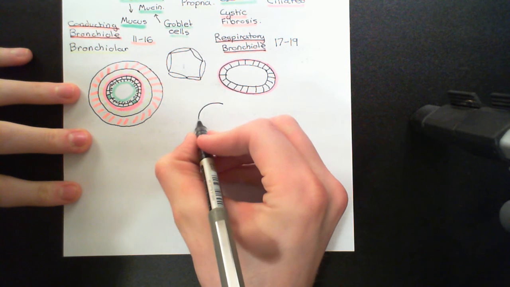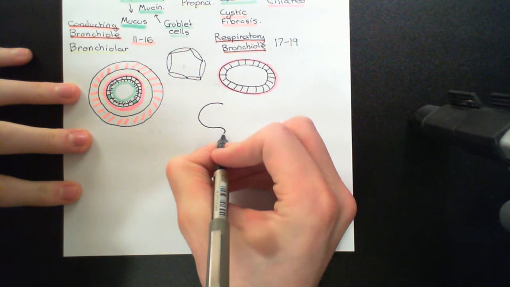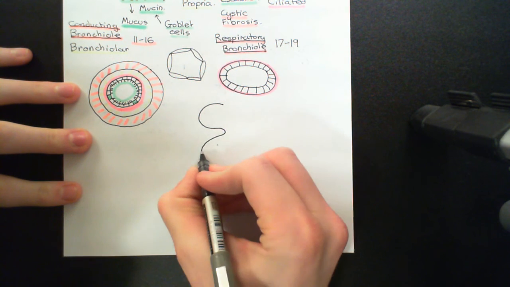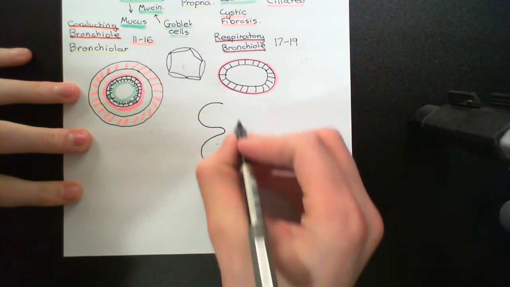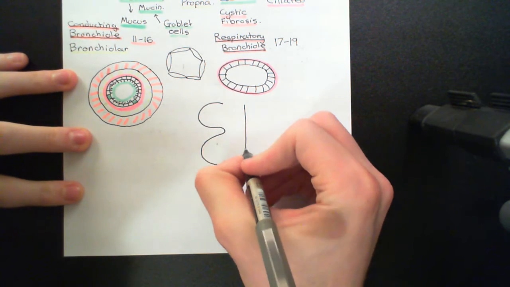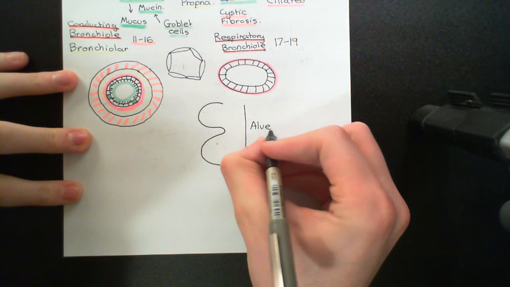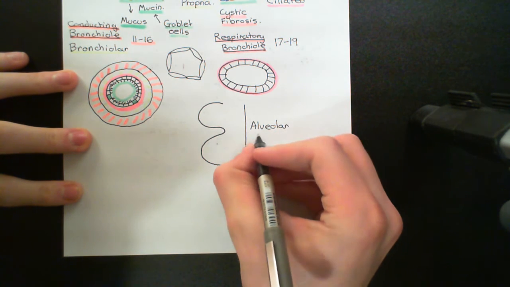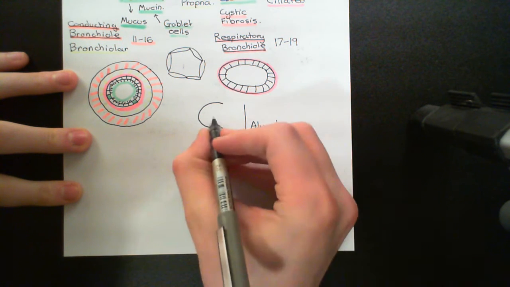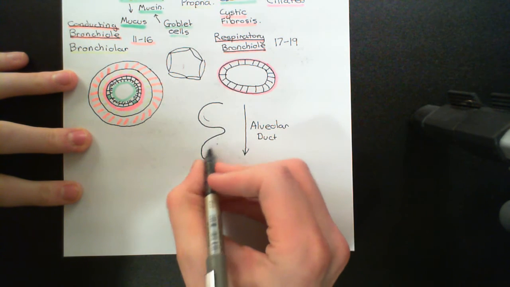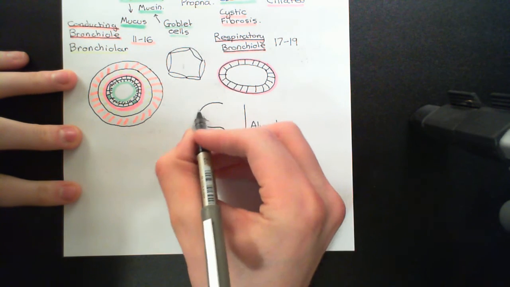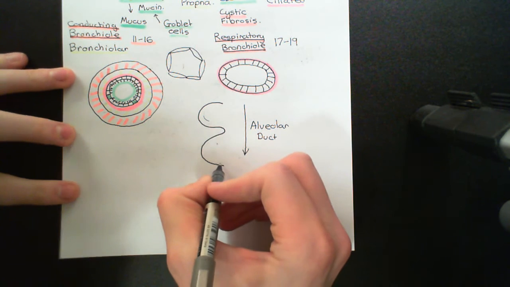So here is one alveolus, and then here is another alveolus, and these are making up the wall of an alveolar duct. So the alveolar duct would be here. I'll just draw an arrow where the lumen of the alveolar duct would be. So this is the alveolar duct, and then here we've got the alveolar air spaces, and here's another alveolar airspace, and these are the walls of the alveoli.